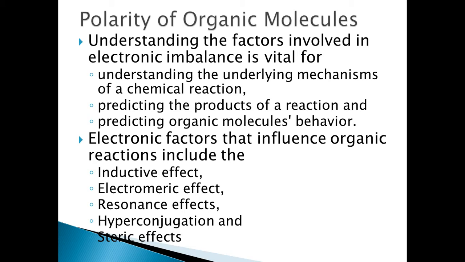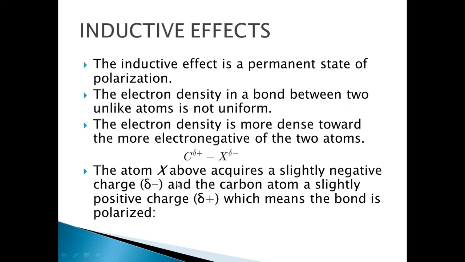The factors that affect the availability of electrons include inductive effect, electromeric effect, resonance effect, hyperconjugation, and steric effects. We shall start by discussing inductive effects.